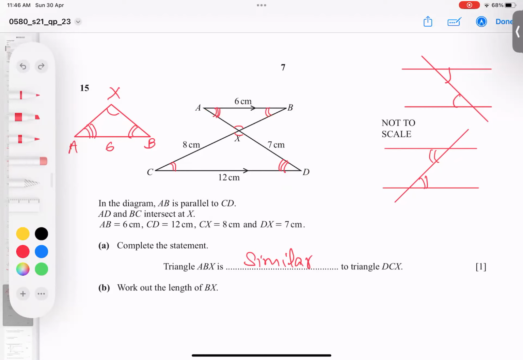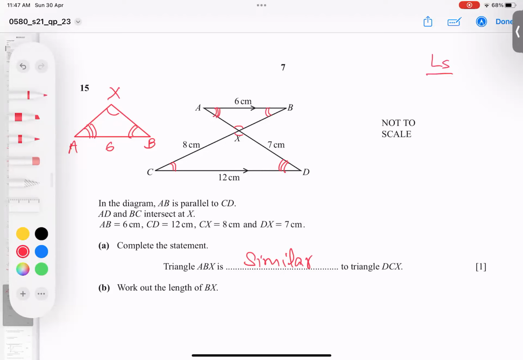Before I start, I will tell you one thing: we have a similarity rule. Length of small by length of large is equal to ratio of small by ratio of the large. No squaring, no cubing. Area of small by area of large equals ratio of small by ratio of the large, put square here.